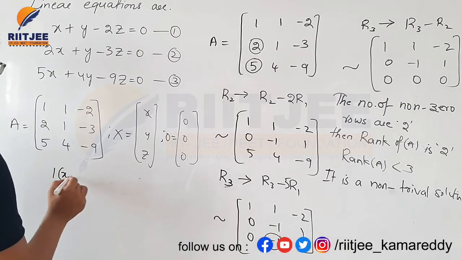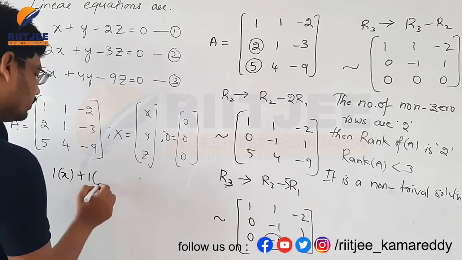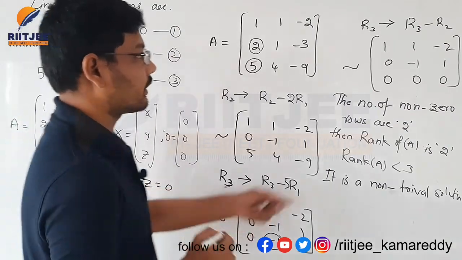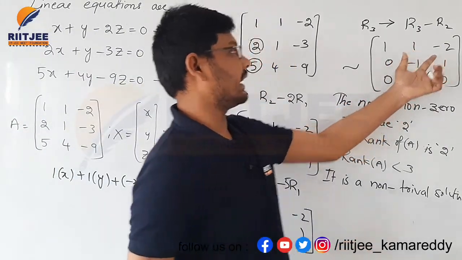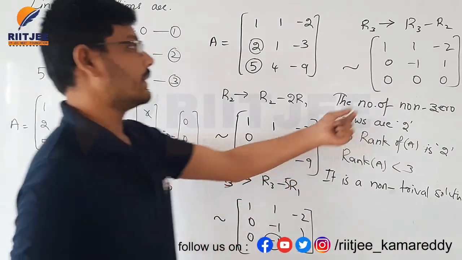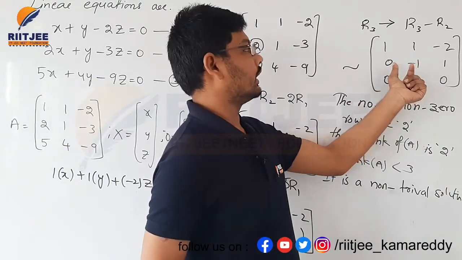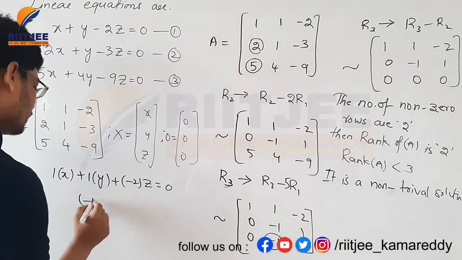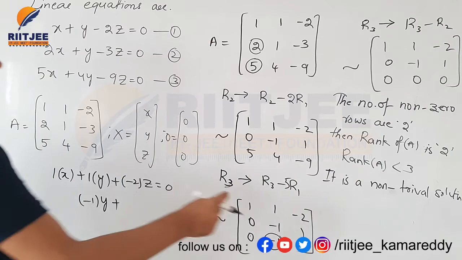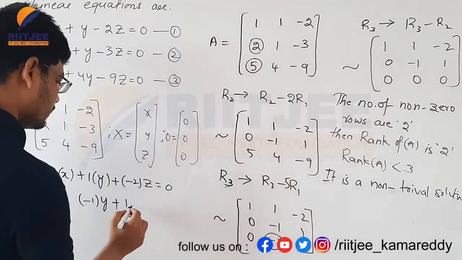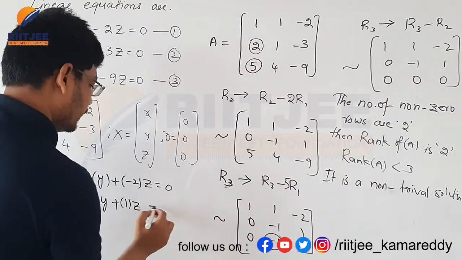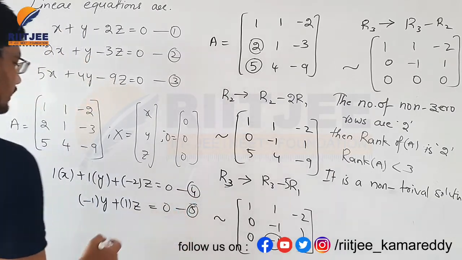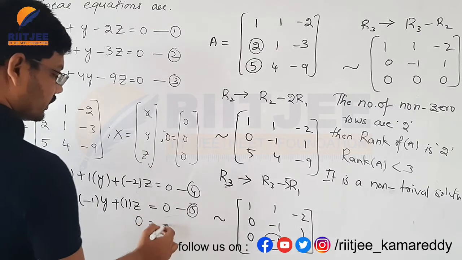1 into x plus 1 into y plus minus 2 into z. From this matrix, I am writing the equations equal to 0: x plus y minus 2z equals 0, this is equation number 4, minus y plus z equal to 0 is equation number 5, and 0 equal to 0 is equation number 6.